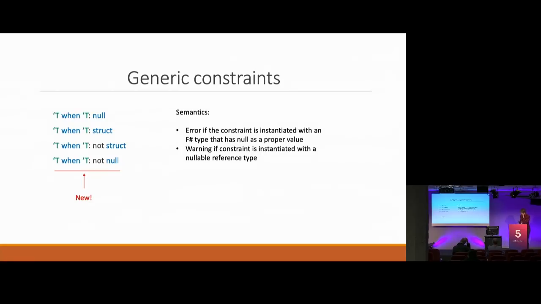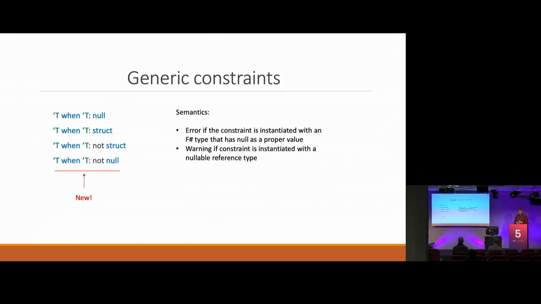The semantics of that are fairly straightforward. There's just a little distinction between something that is F# declared versus something that is not F# declared. Because F# today, as I talked about, you can declare a reference type that does not have null as a proper value, and if you try to use it as if it does, it's a compile error today. So we can afford to have a compile error for similar things.